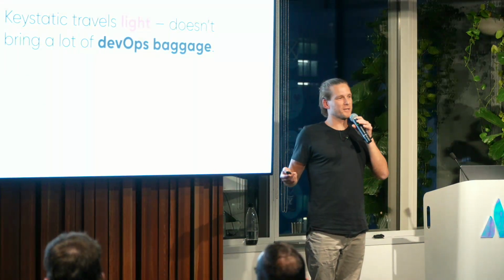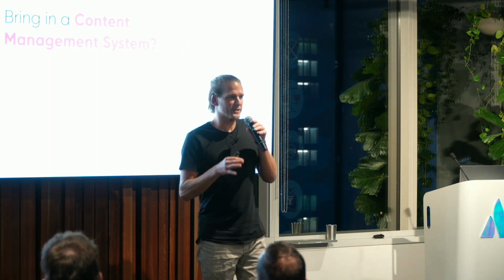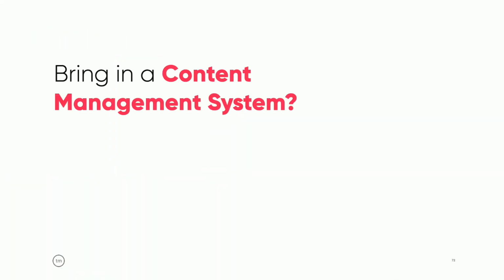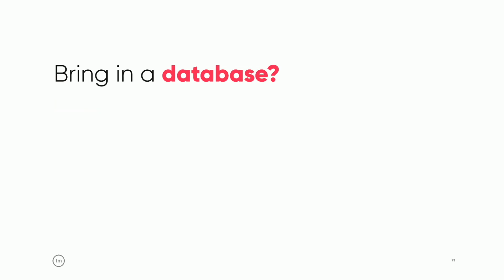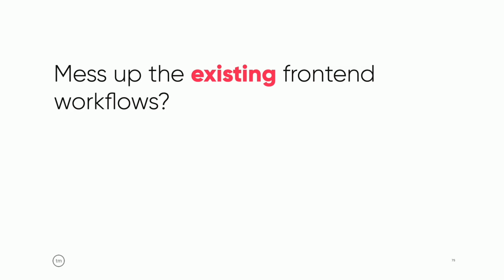So typically when someone asks you, can we make stuff editable for the marketing team or the product manager, the thought process goes, okay, so I guess we gotta bring a content management system, which means I guess we gotta bring a database, which means we gotta have some DevOps needs because we're gonna have to maintain this. And also, we're going to mess up a lot of nice front-end workflows.